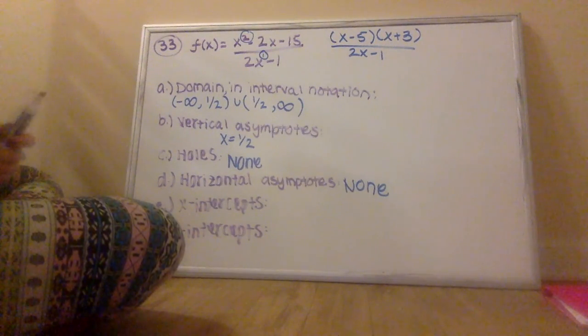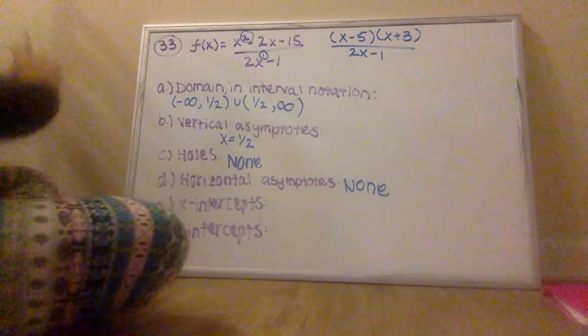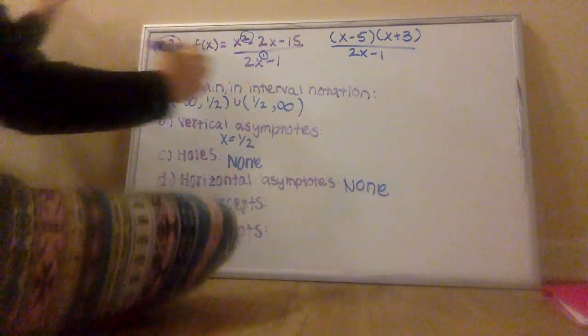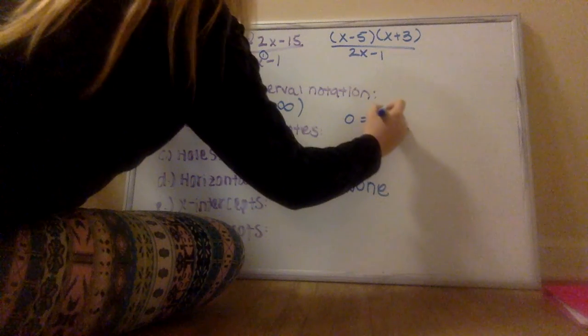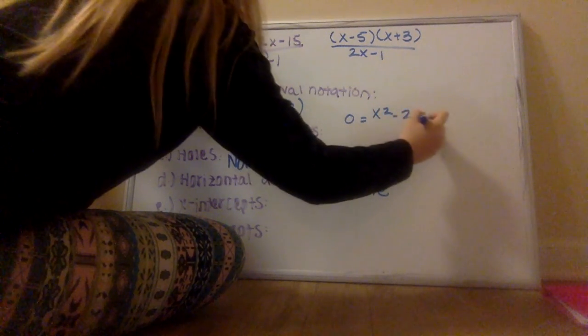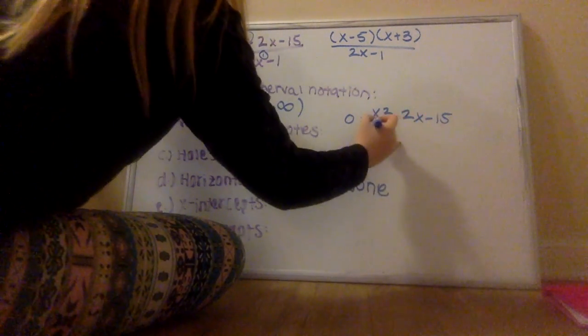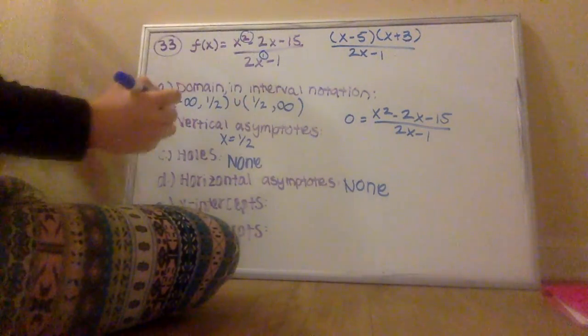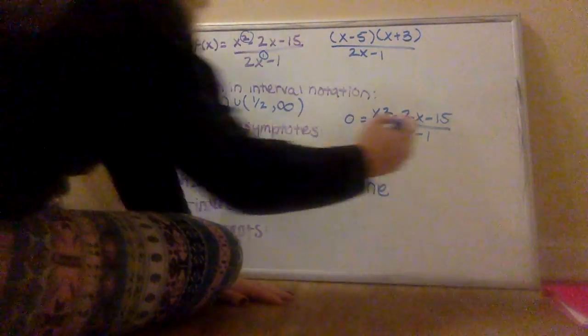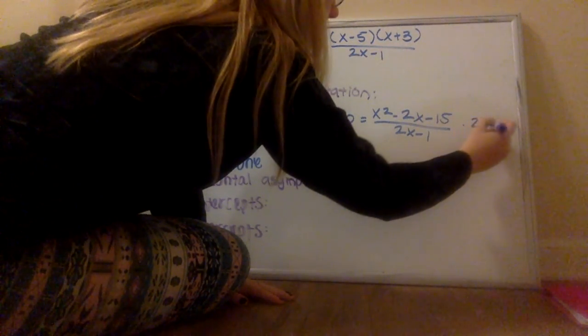And then for our x-intercepts, we know that we're going to set our y value equal to 0. So we have 0 is equal to (x squared minus 2x minus 15) over (2x minus 1). Alright, so we're going to multiply both sides by 2x minus 1 to cancel that out.